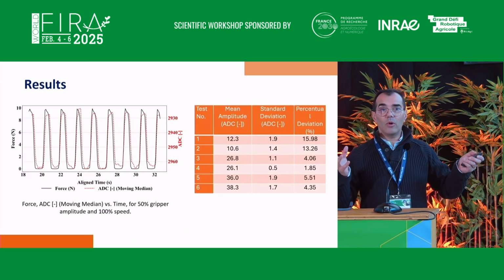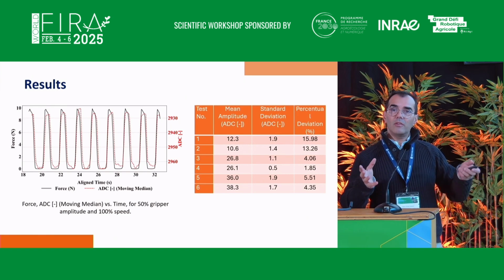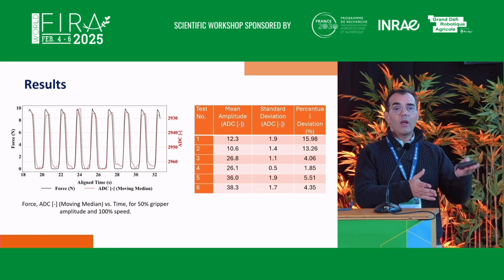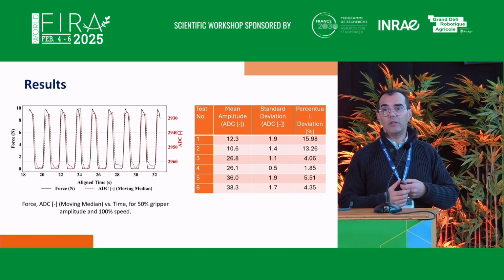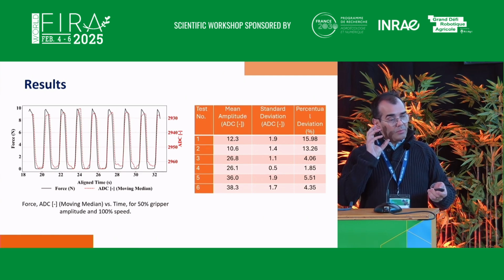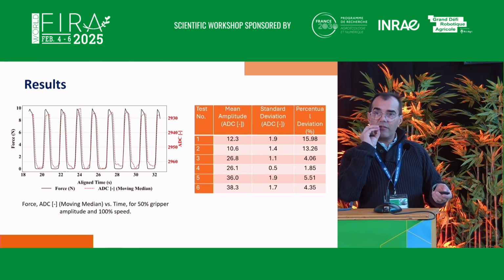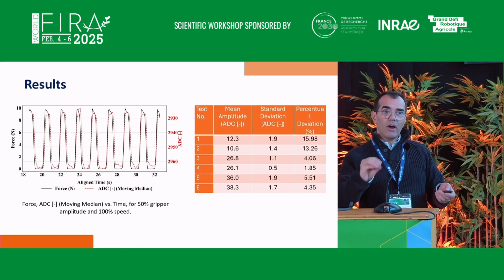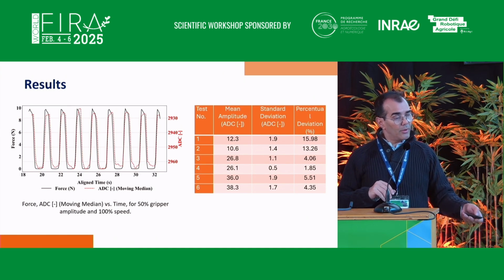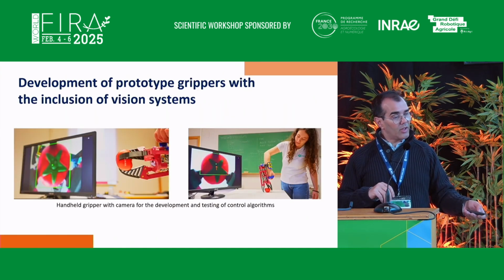What you can see here is almost a perfect relationship between the force and the ADT values. So we have percentual deviations that are very small and that provide a very good result on the gripper deformation sensing.